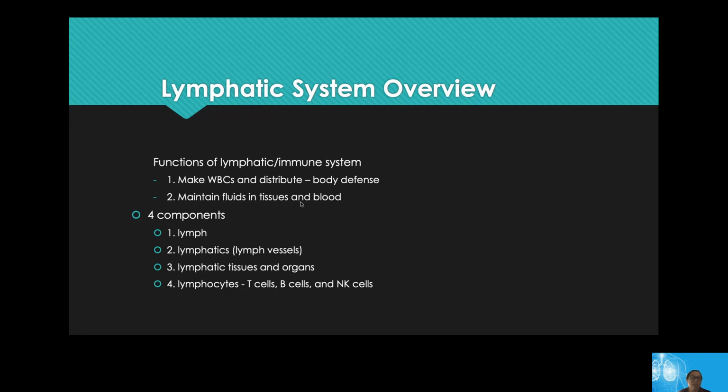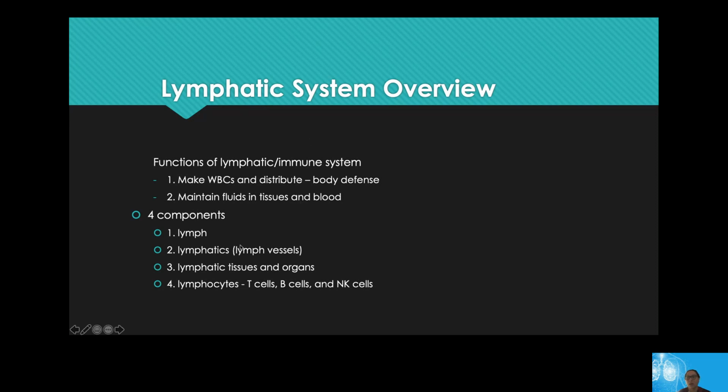When you go back and look at things you learned even in chapter 21, you learn about how the tissues balance the amount of fluid with the help of the filtration pressures achieved. This is where we can talk about how the lymphatic system is very responsible for maintaining your total fluid balance. In order to get through the lymphatic system, though, you really have to look at the four components.